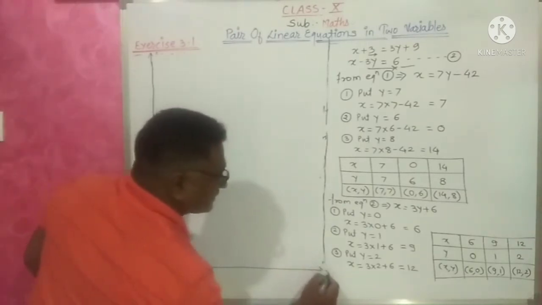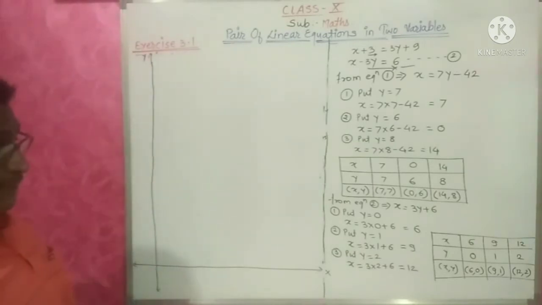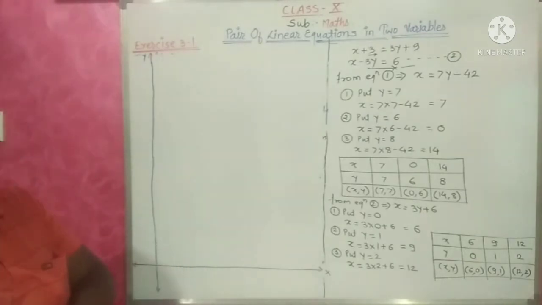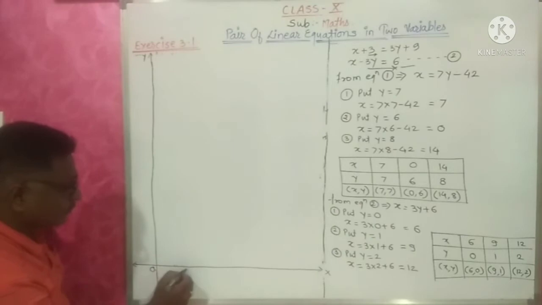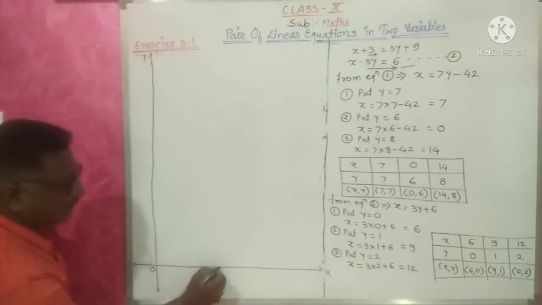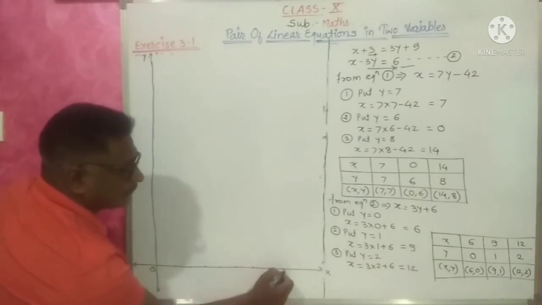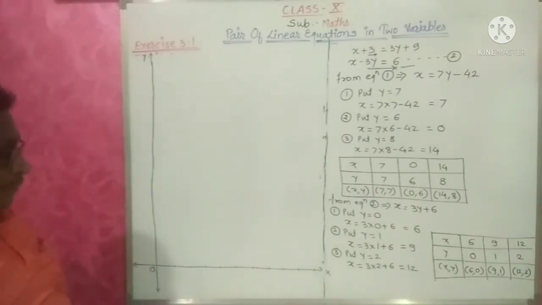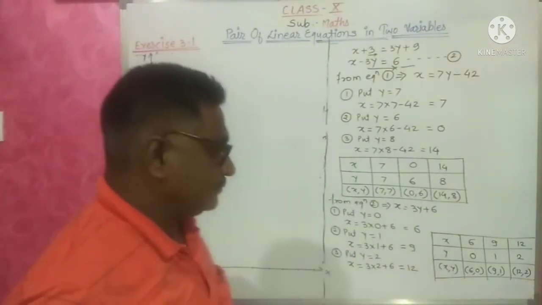This is x-axis, this is y-axis. Now we have to take the scale according to this, so that the numbers fit. So this is 0, equal marking 1 centimeter like this. So here x is highest 14.